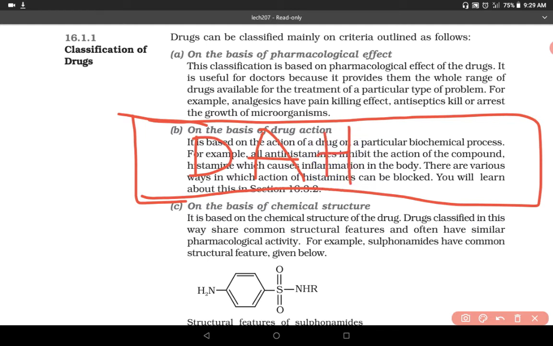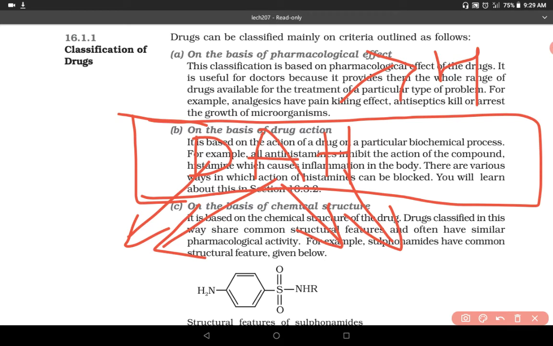Drug action antihistamine kills the action of histamine, and this is represented by drug action.